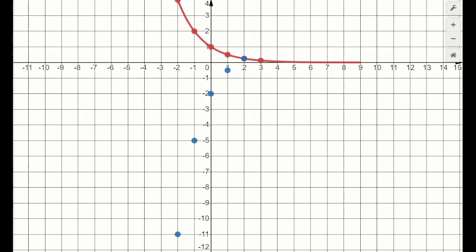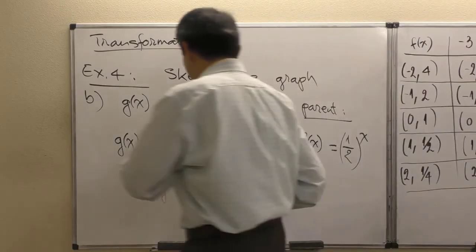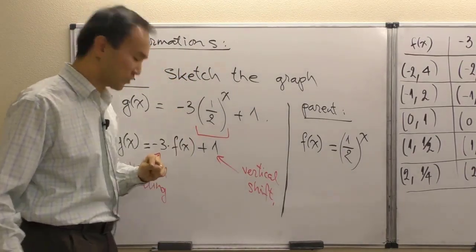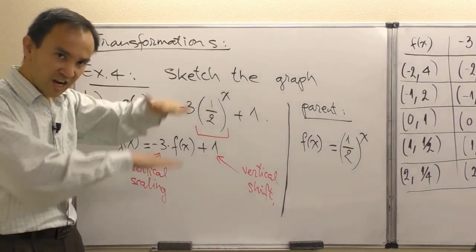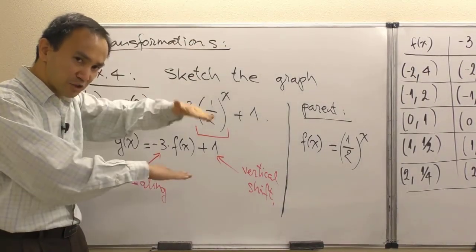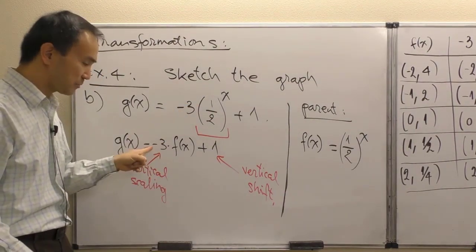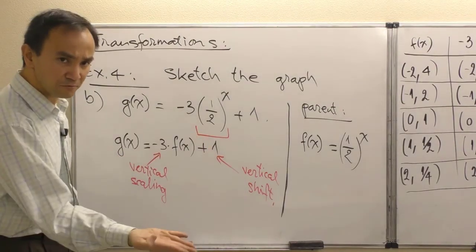Before I put in the graph, let me get back to the board and explain a couple of things. Our coefficient in front of the function here was a negative coefficient. So that vertical scaling, aside from scaling it, aside from making it either bigger or smaller, also caused the graph to flip upside down, because it had a negative.